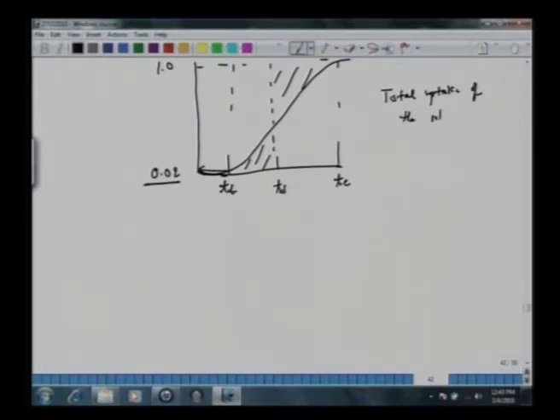Now if we want to measure the total uptake of this solute, one has to make a balance across this column. If Q is the flow rate and C0 is the inlet concentration, then Q times C0 is the species mass which gets in for that solute, minus Q times C exit, which is a function of time.